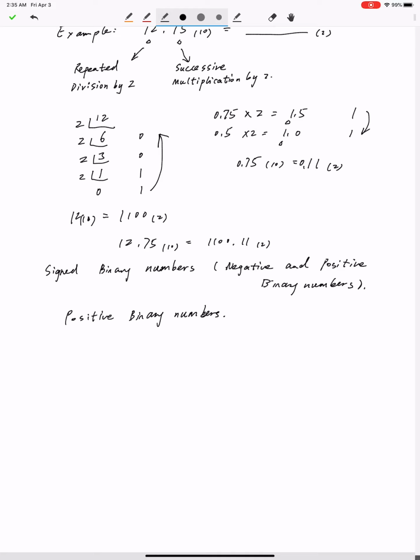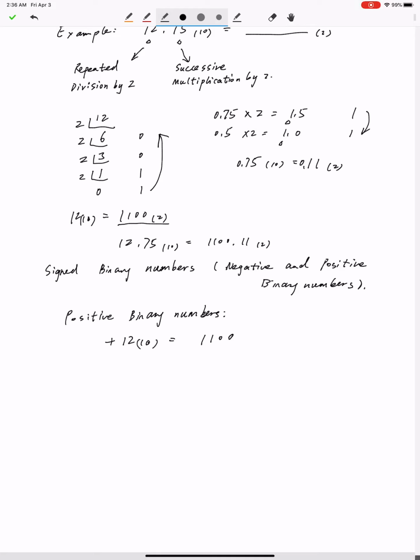To represent a positive binary number, the method is very simple. For instance, if I want to represent +12, this decimal number, in the binary representation, you just need to do the normal decimal number to binary number transformation, and then put a 0 in front of the binary number. Here 12 we already find what is the binary representation. That is 1100, right?